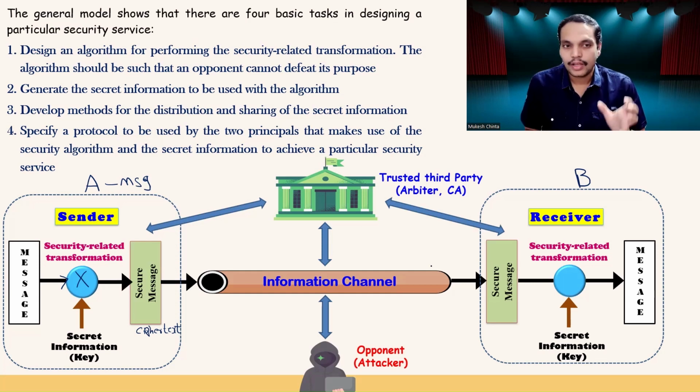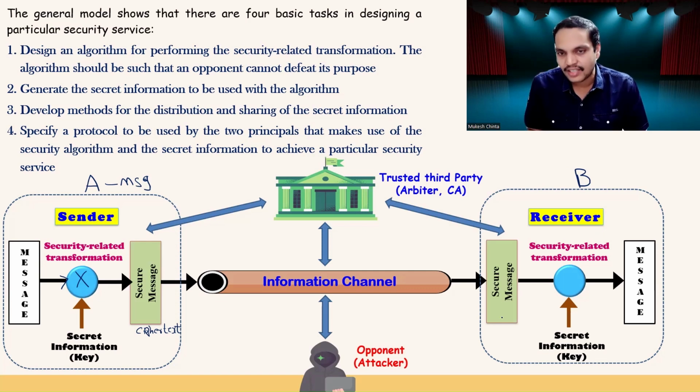Hope you are getting me. So here A, which is my sender, first selects the message which it wants to send, and this message is given as an input to the security algorithm, which also accepts a secret key as an input and then generates something called a ciphertext, which is now transmitted across the information channel and which is what the recipient actually gets.